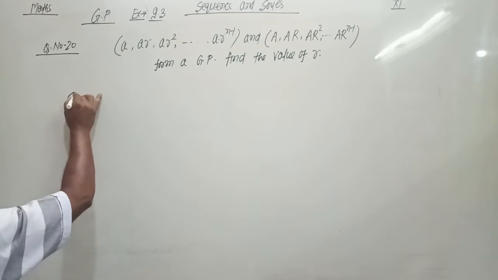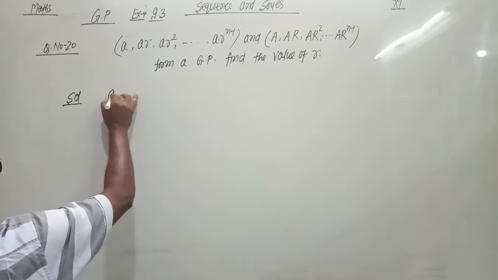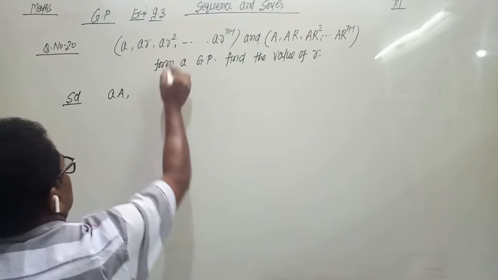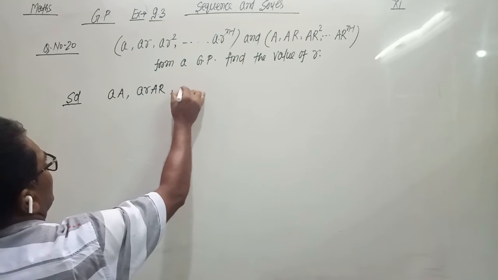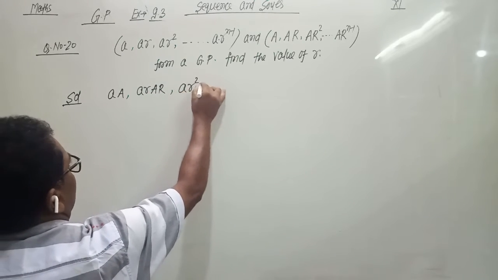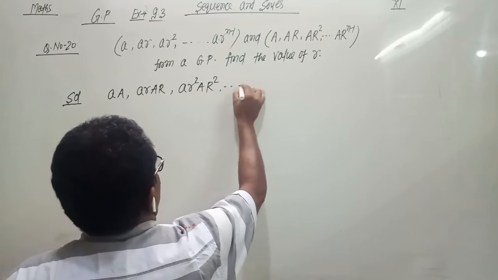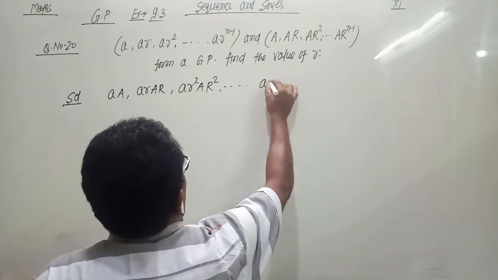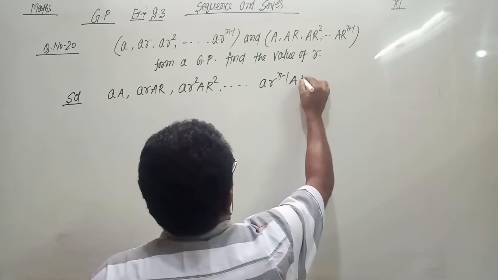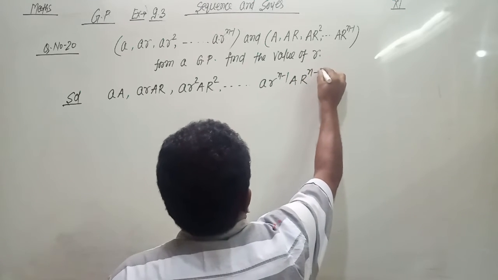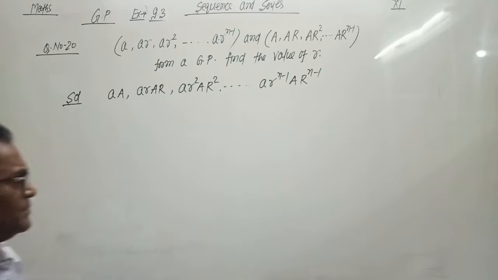So firstly we multiply the corresponding terms of these two sequences: a into capital A, small ar into capital AR, small ar square into capital AR square, and so on up to small a into r raised to the power n minus 1 into capital A into R raised to the power n minus 1.